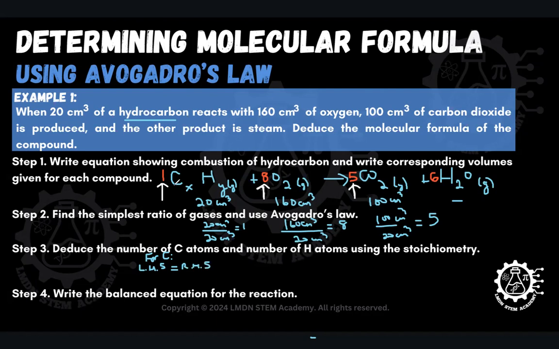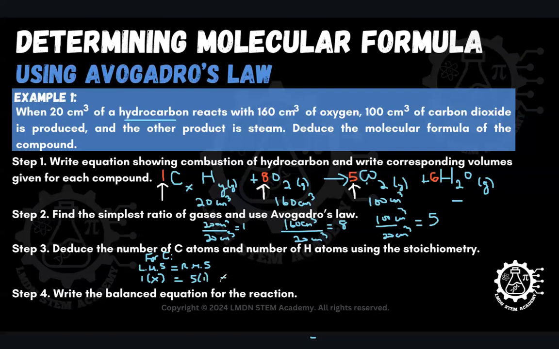How many carbons does this say here? We multiply the stoichiometric coefficient by the x, so we do 1 times x, because that will be the total number of carbons over there. And on the right-hand side, we say 5 times this imaginary 1. So it would be 5 times 1.